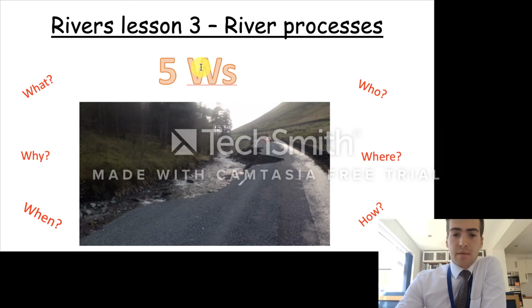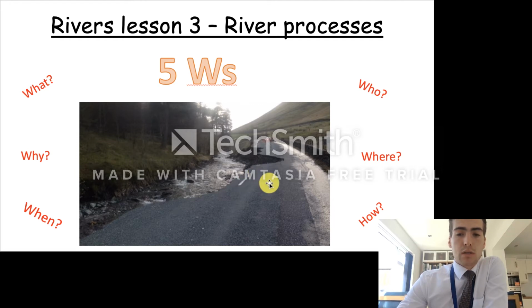Right, hopefully you've had time to think about those. So what happened in this picture? The river, as you can see there, is more of a stream really, but the river at some point during a flood obviously had much more water in it, and what's happened is that the road on the right hand side in the picture has eroded away and collapsed down into the river.